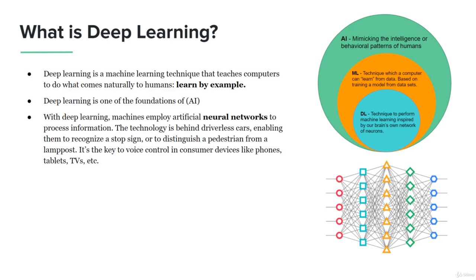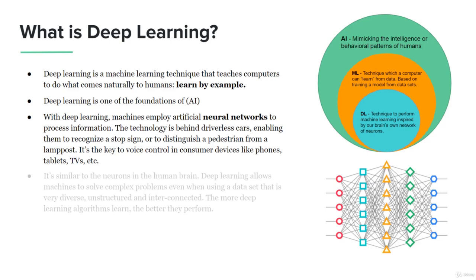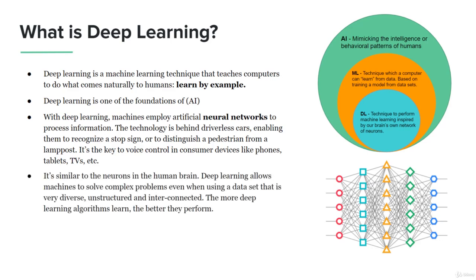With deep learning, machines employ artificial neural networks to process information, and the technology is behind driverless cars that enable them to recognize different signs on the road, whether it's a stop sign, or to distinguish between a pedestrian, a lamppost, or the sidewalk. It's essentially able to learn and distinguish based on the neural networks, similar to the neurons in the human brain.